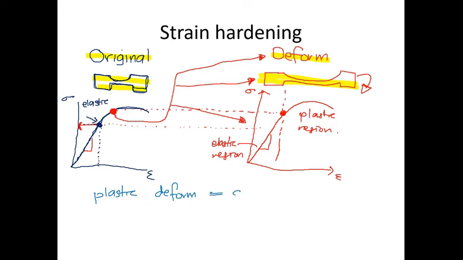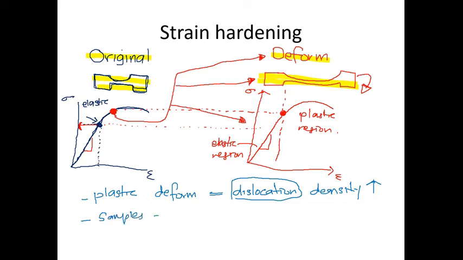The dislocation density is increased, which is why you tend to get a deformation structure. If dislocation occurs, we say that the crystal or the sample is weaker.